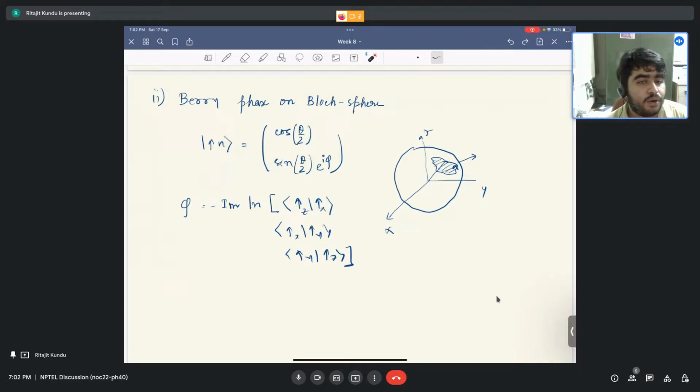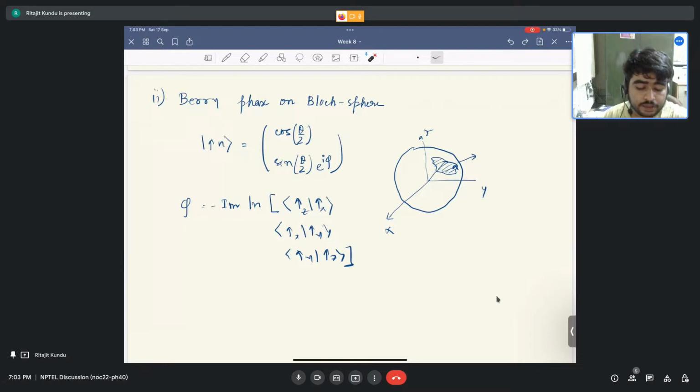If we change our position from one point to another point, we go from one spin state to another spin state. For example, if our initial spin was pointing in the positive z direction, we will have a spin up state. On the other hand, if we look at the south pole, this is the minus half state.